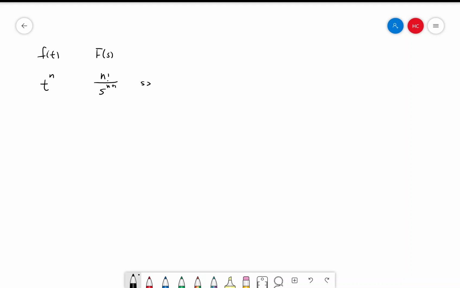This is for s greater than 0. And the Laplace transform of cosine kt is s over s squared plus k squared, also for s greater than 0. And the Laplace transform of sine of kt is k over s squared plus k squared. This is also for s greater than 0. So this is an original chart.